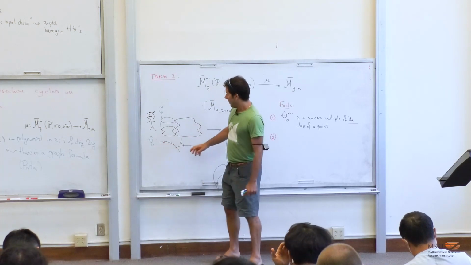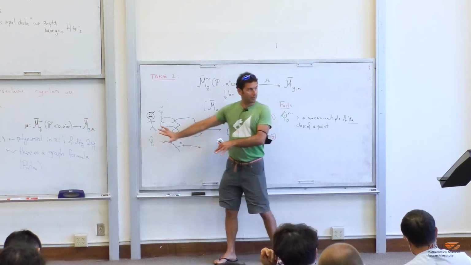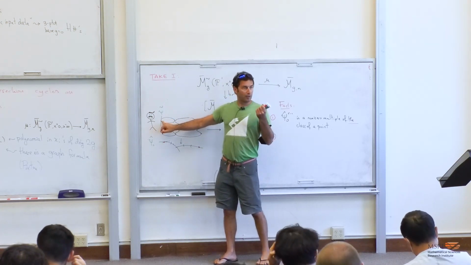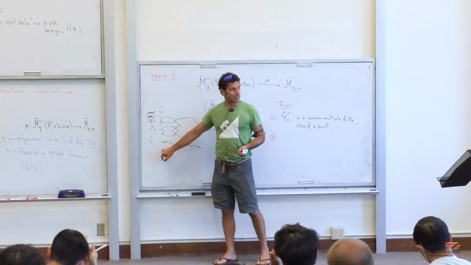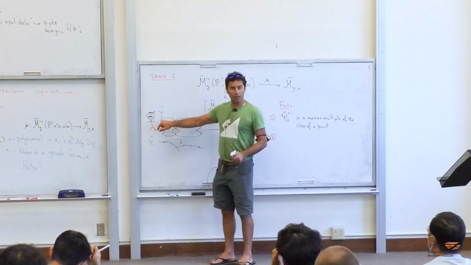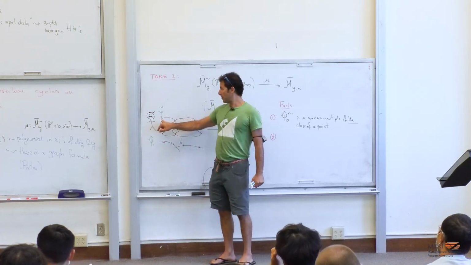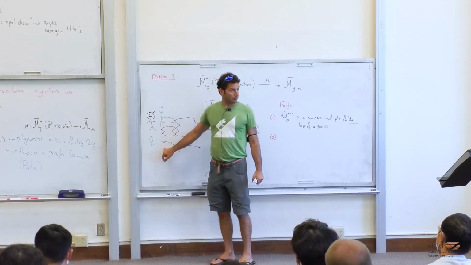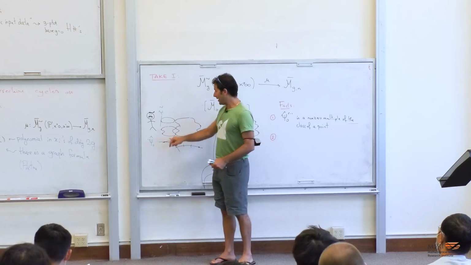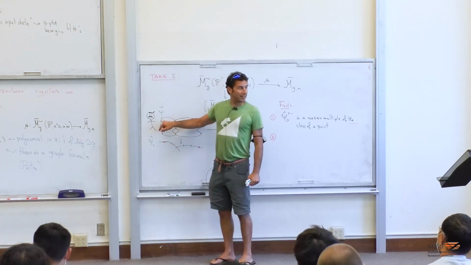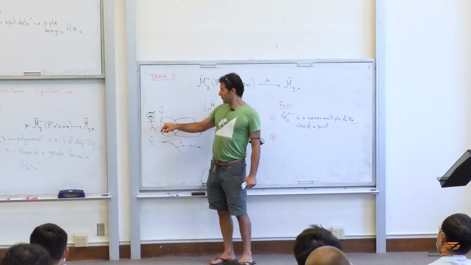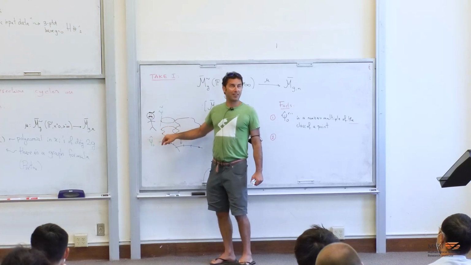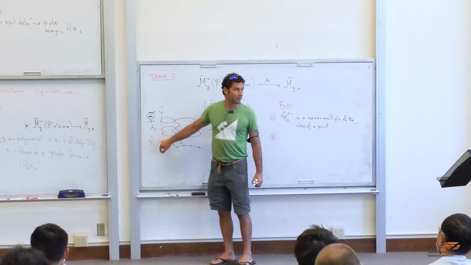In the sense that for every point in my moduli space, this point right here is a point of ramification order xi over x naught, which means that the local analytic expression for the map around this point is z goes to z to the xi, which means that if you look at the tangent spaces and the transition functions for the tangent spaces, the tangent space here is always the xi tensor power of the tangent space here.